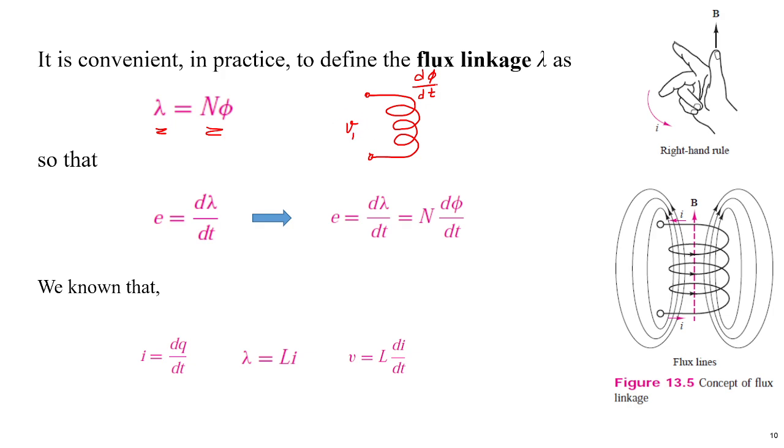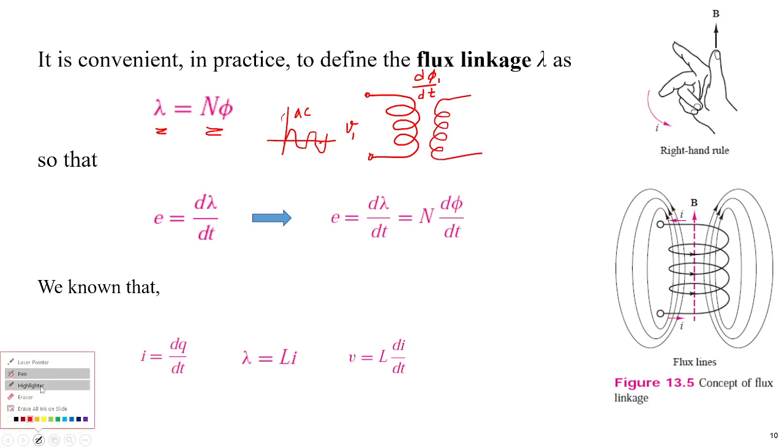For example, if Vi is an alternating voltage, like an AC voltage, and you couple this coil with another coil, the flux is induced to the other side.